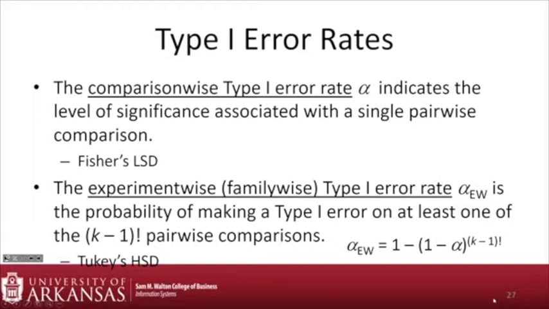We also have a type 1 error called experiment-wise or family-wise. What it's doing is talking about the probability of making this type 1 error in at least one of all the possible combinations that we have. This is what Tukey's accounts for.